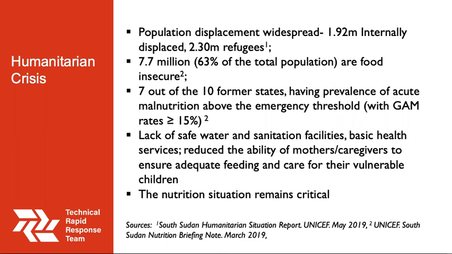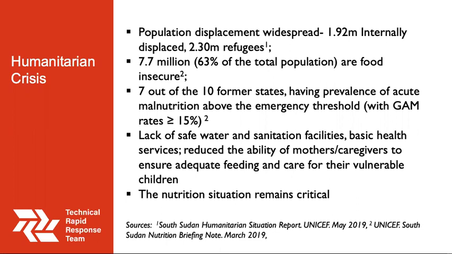So the malnutrition rates in the 7 countries are above the global acceptable level set by WHO. Then there are also other issues affecting the nutrition situation, because a lot of people are suffering from lack of clean drinking water, and there's widespread open defecation, which is leading to poor sanitation.